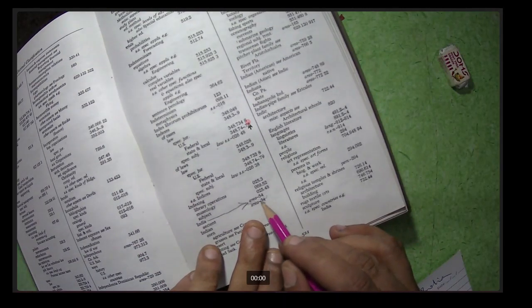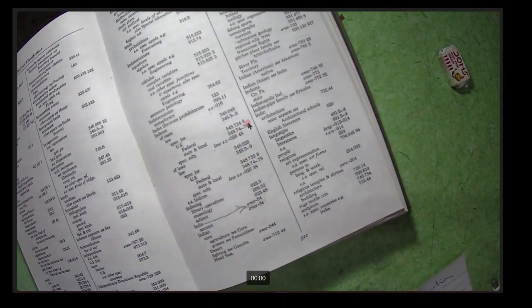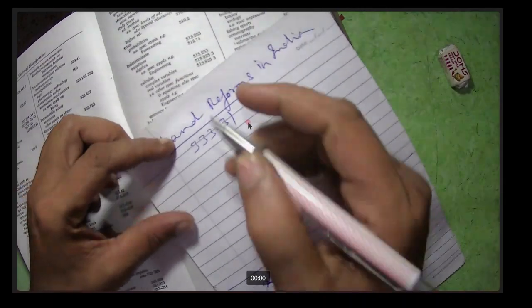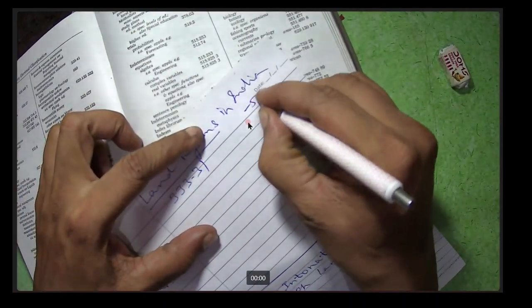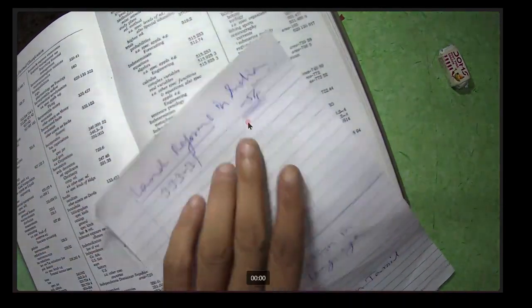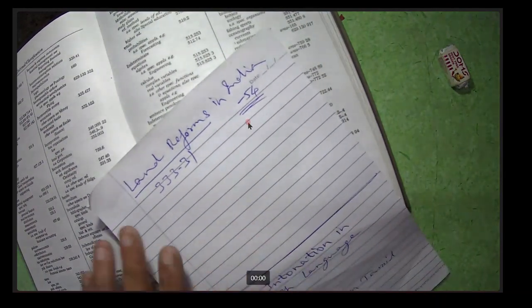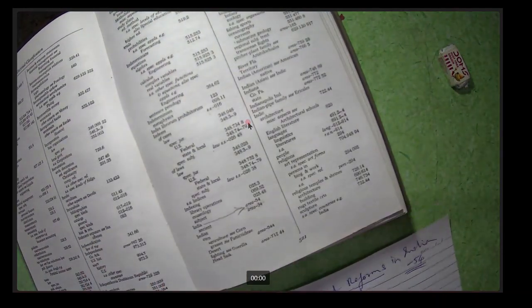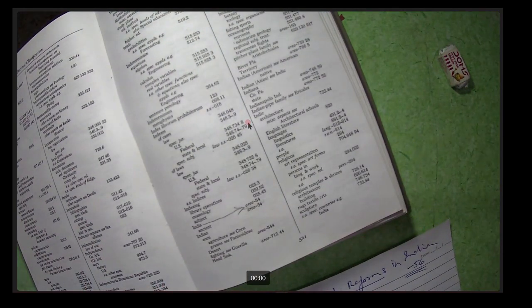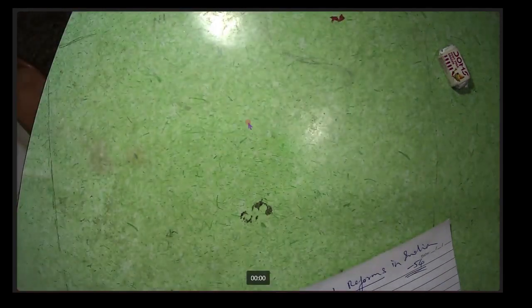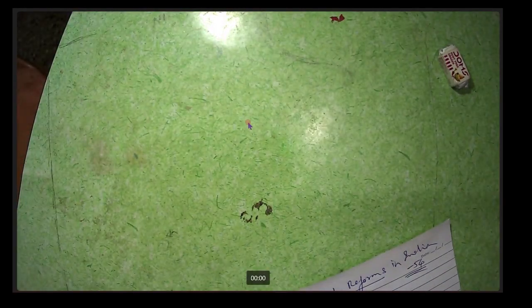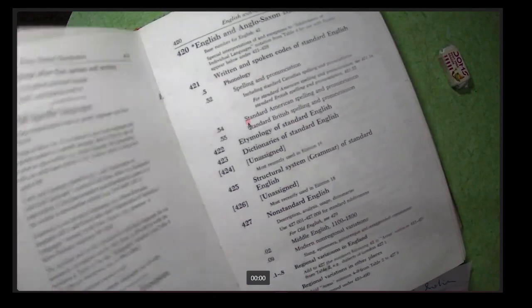So this 54 they have taken from the area table. Note down that 54 in your rough work. Go to 333.31 in the schedules.